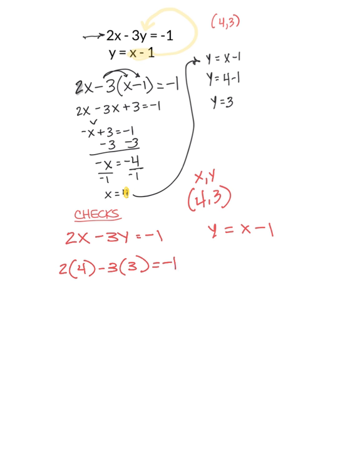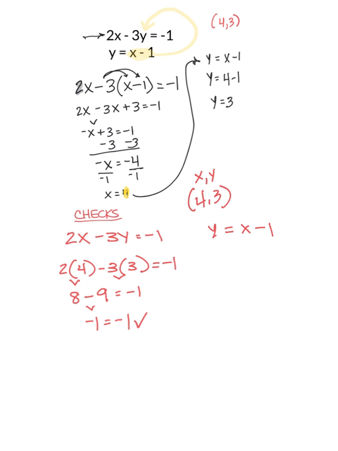Now, if this point truly does lie on this line, we will get a true statement when we are done solving this. So let's see, 2 times 4 is 8, and 3 times 3 is 9. 8 minus 9 is negative 1, and negative 1 equals negative 1. There's our true statement.